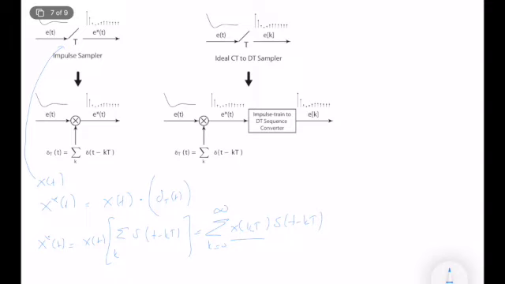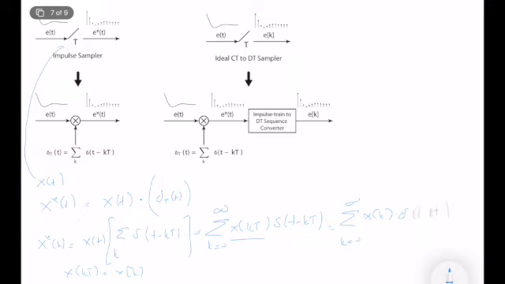What I can do is, I already know that x(kT) is equal to x[k]. As you can see, even if you use an impulse sampler, if you look at the output, the sum from k equal to 0 to infinity of x[k] times delta(t minus kT).